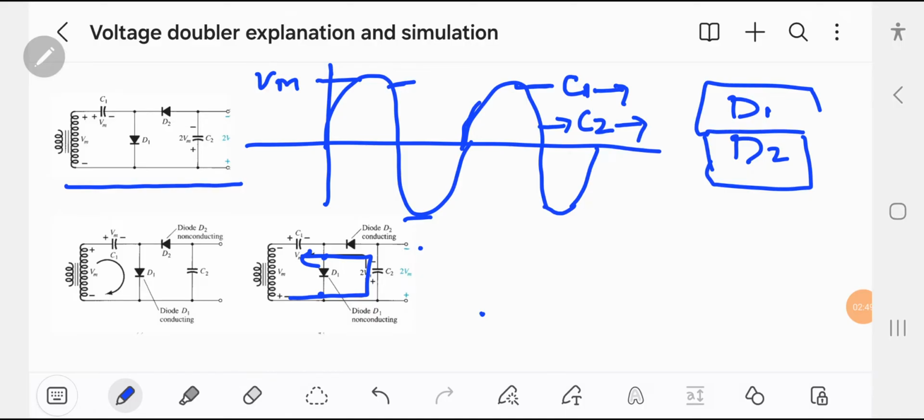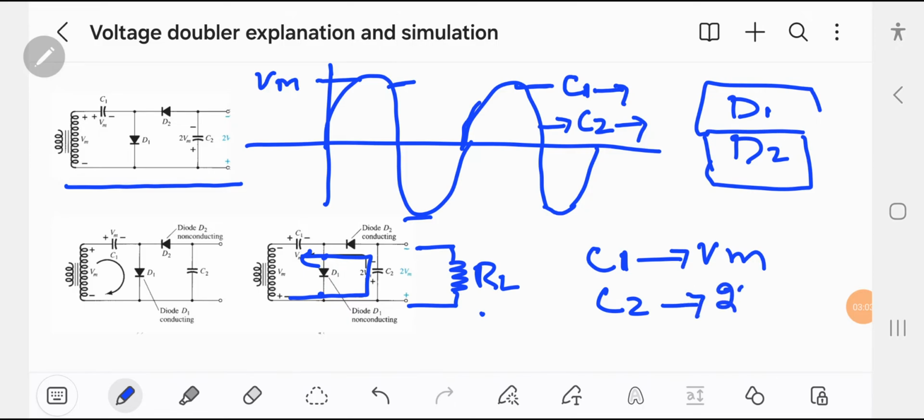When no load is connected to this circuit, C1 will charge to Vm and C2 is charged to Vm. So C2 is charged during the negative cycle and C1 is charged to Vm during the positive cycle.